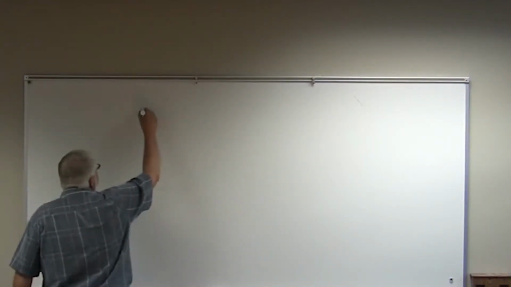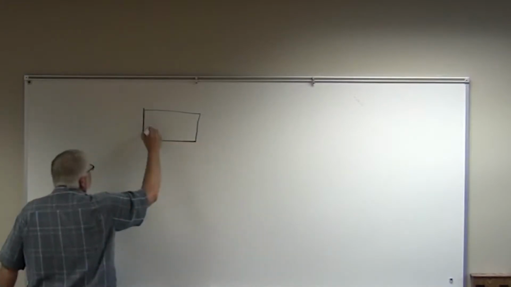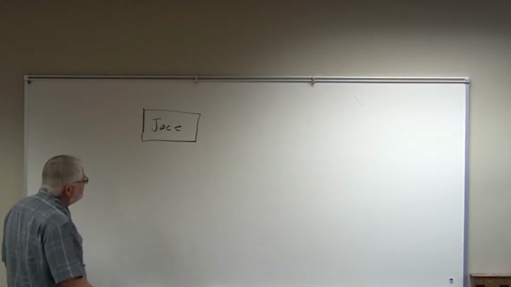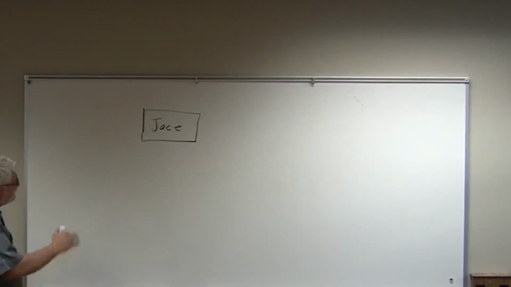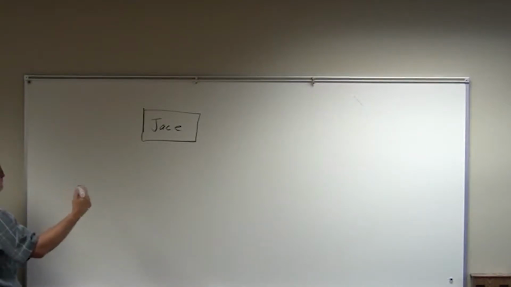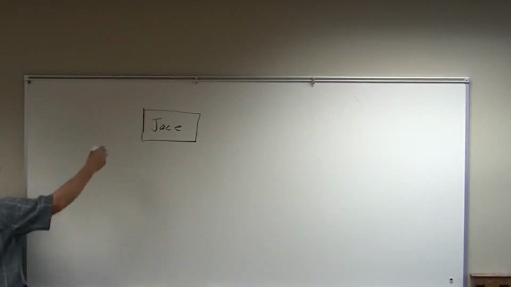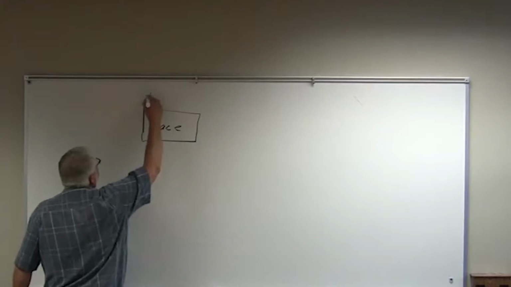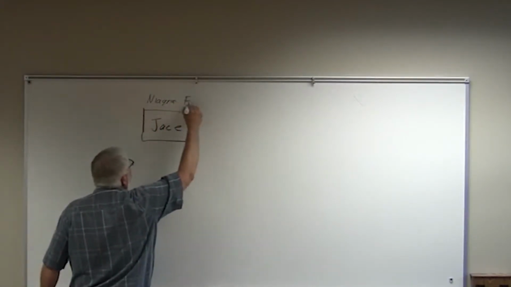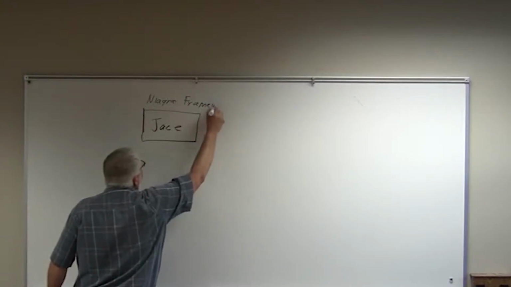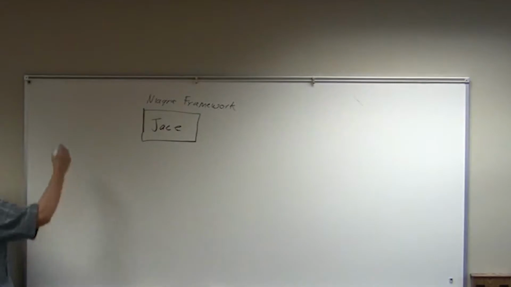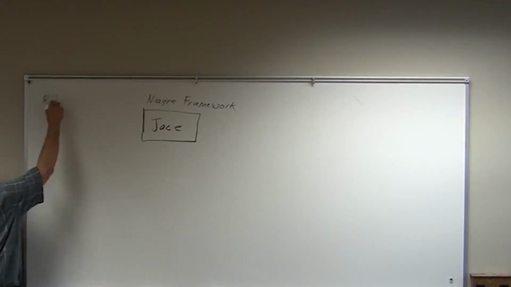So the device that we're tying to is what we call a JACE. Inside that JACE, it's running different versions of the Niagara framework. Okay, so the first version was R2.